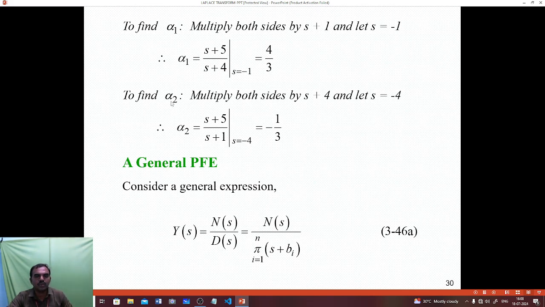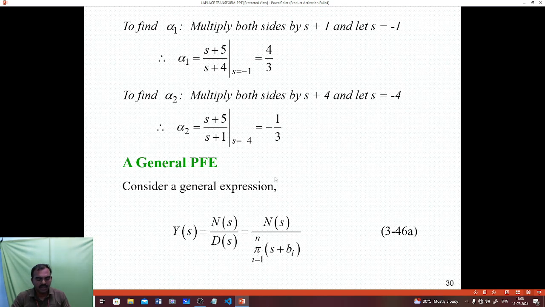To find alpha 2, multiply both sides by s plus 4 and let s equal to minus 4. So alpha 2 equals s plus 5 divided by s plus 1 with s replaced by minus 4: minus 4 plus 5 gives 1, and minus 4 plus 1 gives minus 3. So alpha 2 is minus 1 by 3.